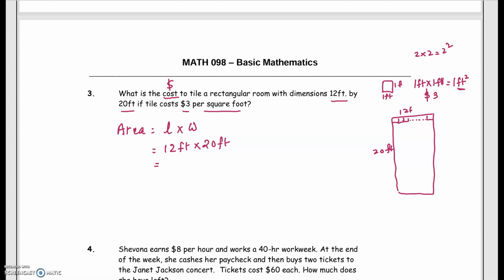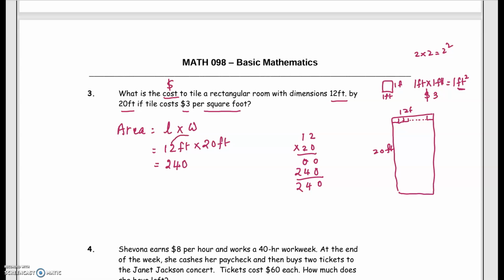So let's do the multiplication here. 12 times 20. So 0. And then you have 2 times 2 is 4. 2 ones are 2. That's 240.